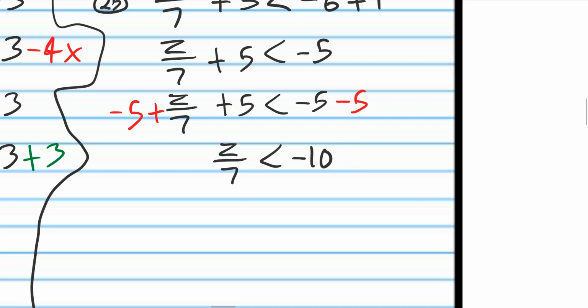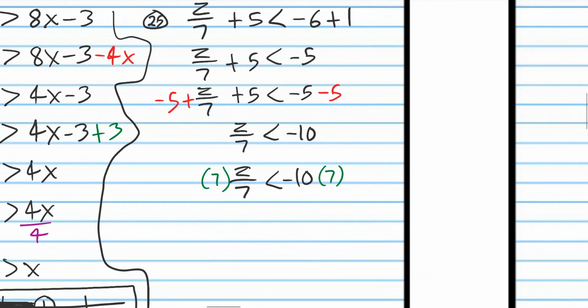I have to get back into the mode of rewriting. Multiply both sides by 7. So z is less than -70. So that's the algebraic solution.